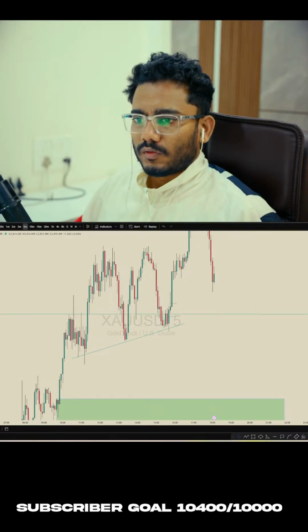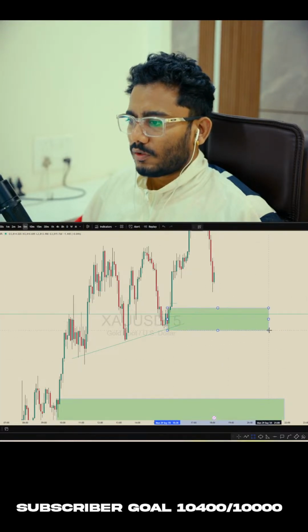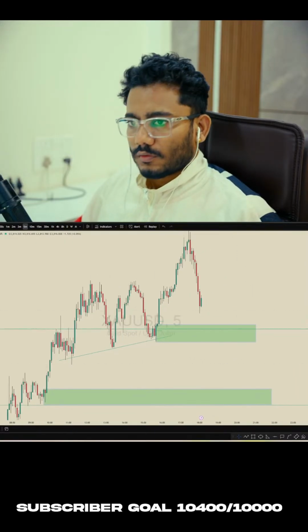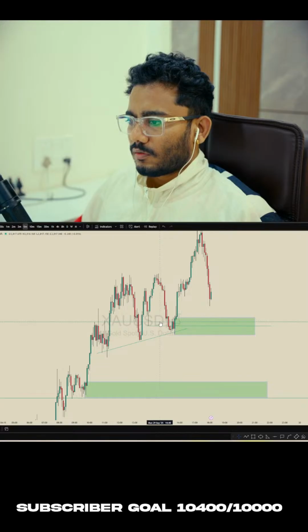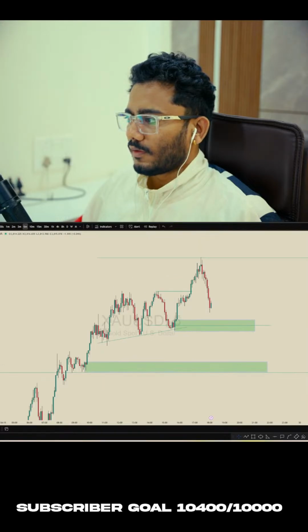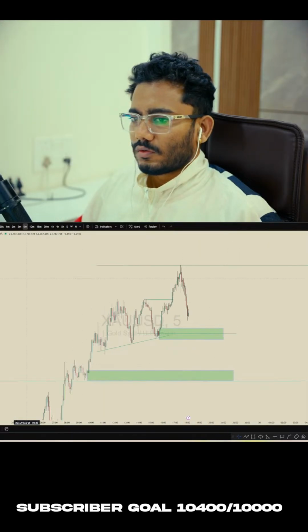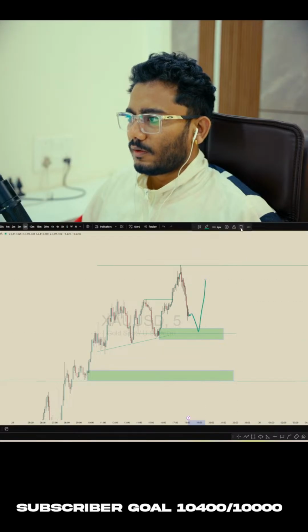So let's use this 5-minute zone for the entry. Here price took out the low, price took out this previous low and then broke the structure to the upside, creating this high. So we could see reaction from this order block also to the upside.